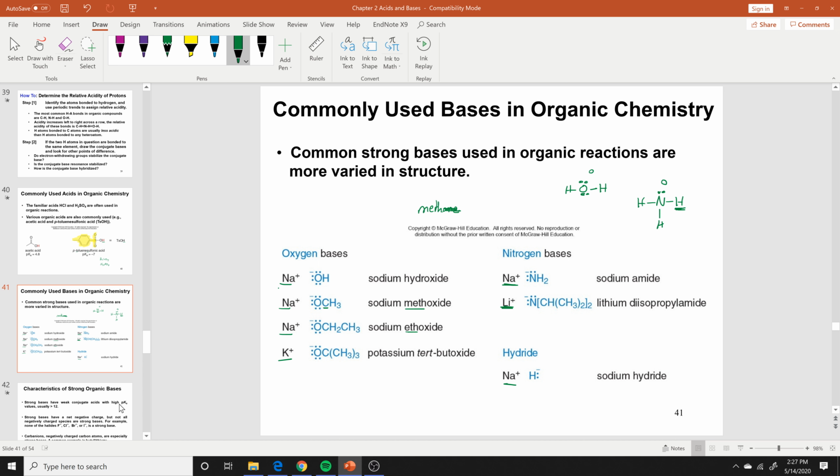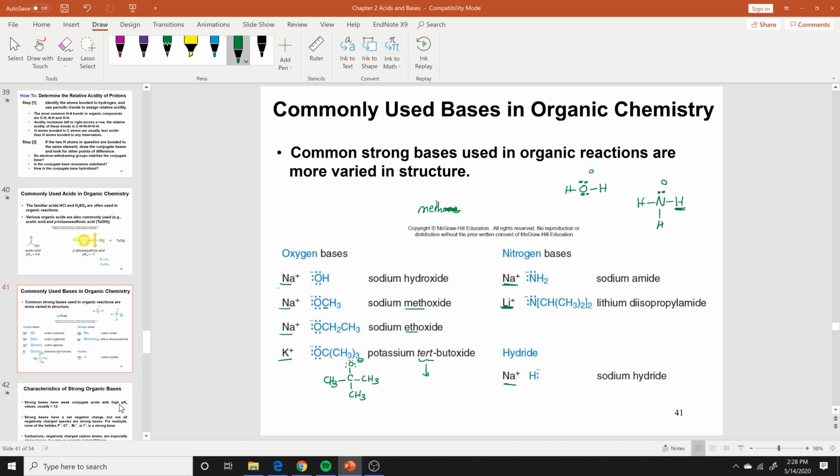This is potassium, and then this guy over here is a carbon that is connected to 3 carbons. This is 1, this is 2, and this is 3 carbons. This is a CH3, and this is an O in there. So this is how it looks over here. See that carbon? Since this carbon is connected to 3 carbons, this is called tert.